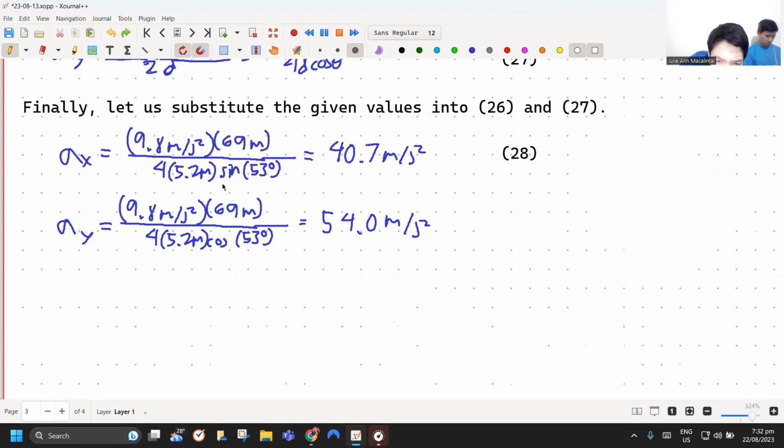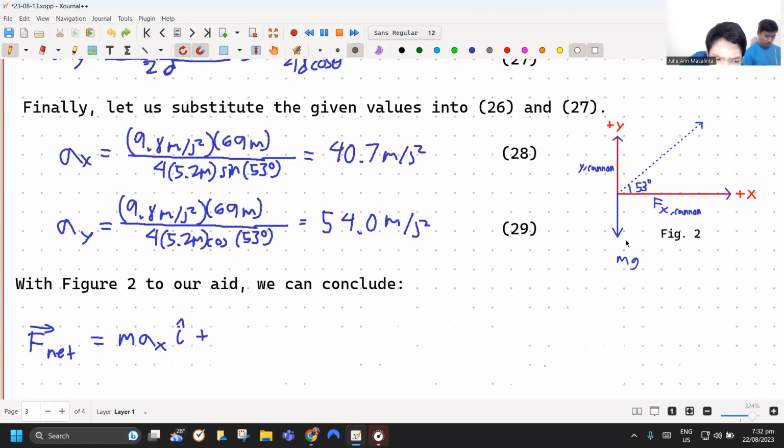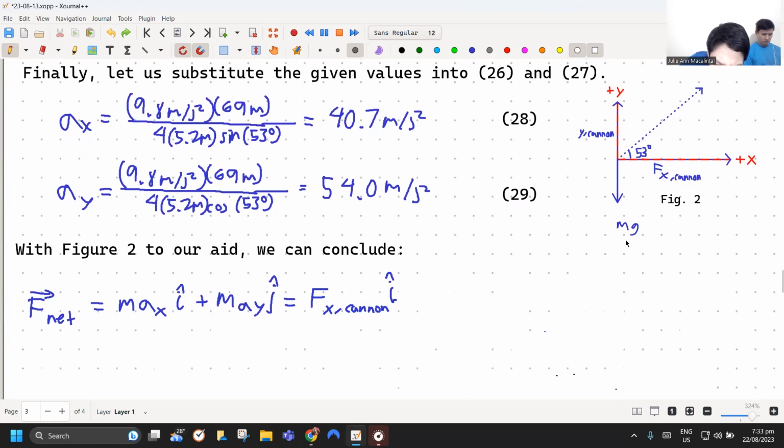So all we need is the equations for force, which is remarkably easy because by figure 2 we already know the directions of force. So now we can write the complete formula for the force experienced by Zacchini, which is F net, his mass times his acceleration in the x direction, i hat, plus his mass times his acceleration in the y direction, j hat.